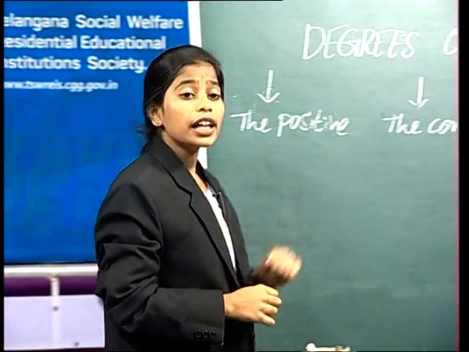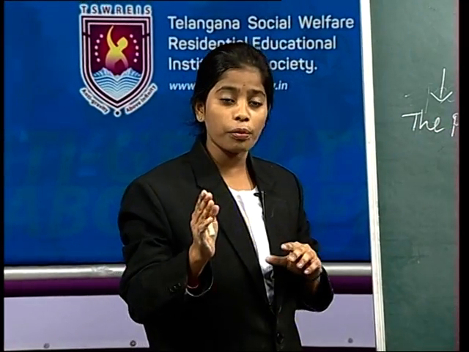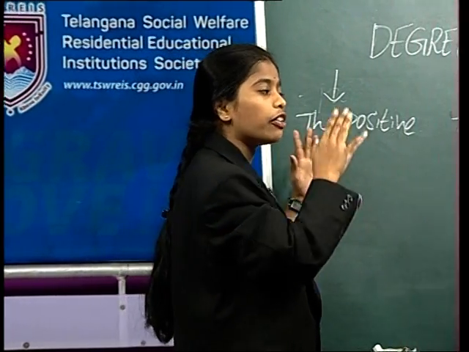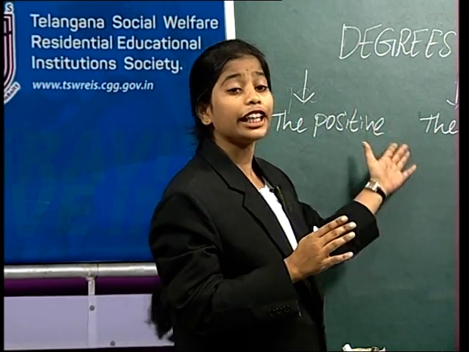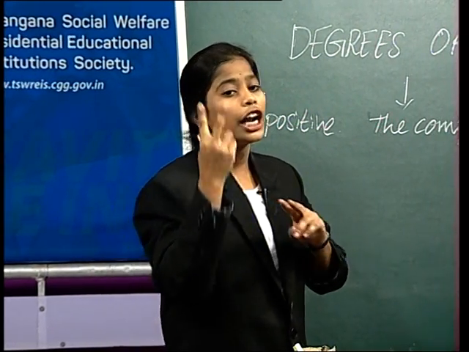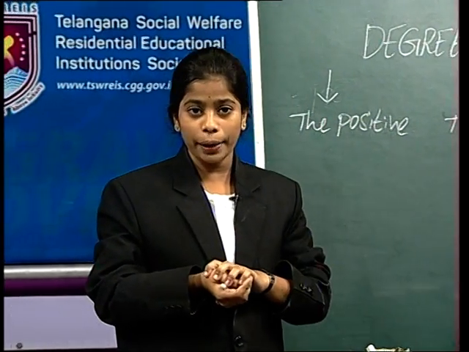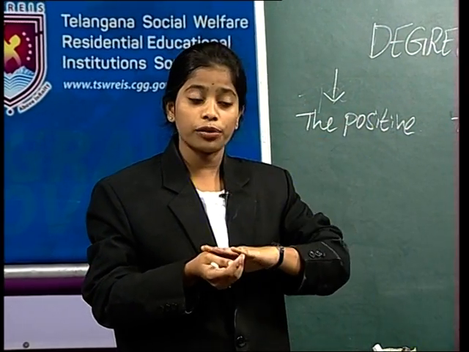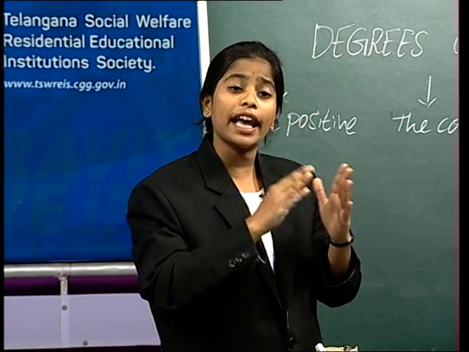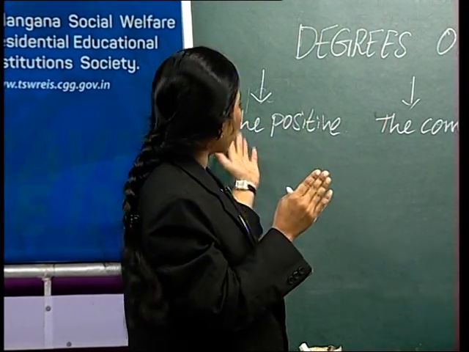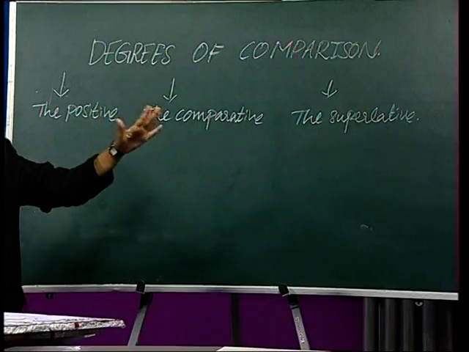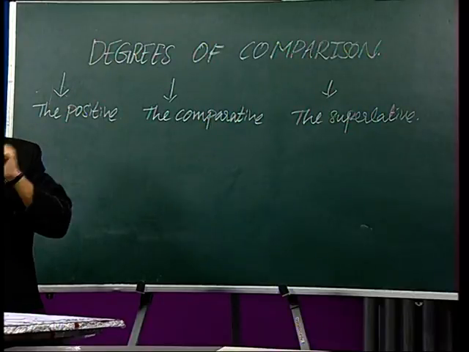So here the positive form of the adjective describes only one noun, the comparative form of the adjective compares 2 nouns, and the superlative form of the adjective compares more than 2 nouns. So friends, let us take an example for these positive, comparative and superlative forms of the adjectives.